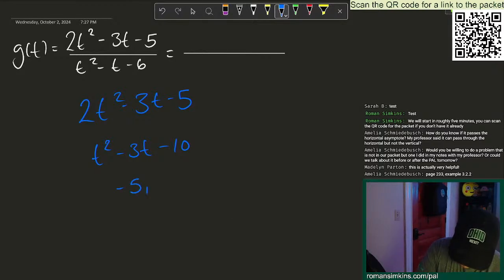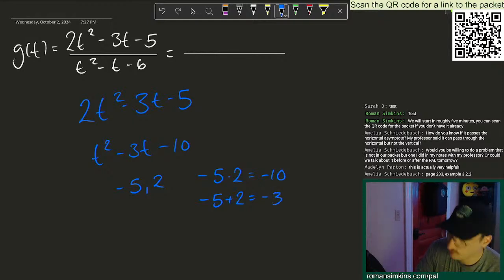So I'm going to choose -5 and 2, because -5 times 2 equals -10, and then -5 plus 2 equals -3. So that should work, right? So I should be able to then take this and go into t minus 5, t plus 2.